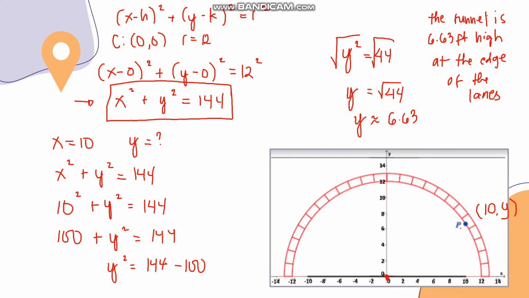So the y-coordinate of this point is 6.63. So that is now our final answer, 6.63 feet.